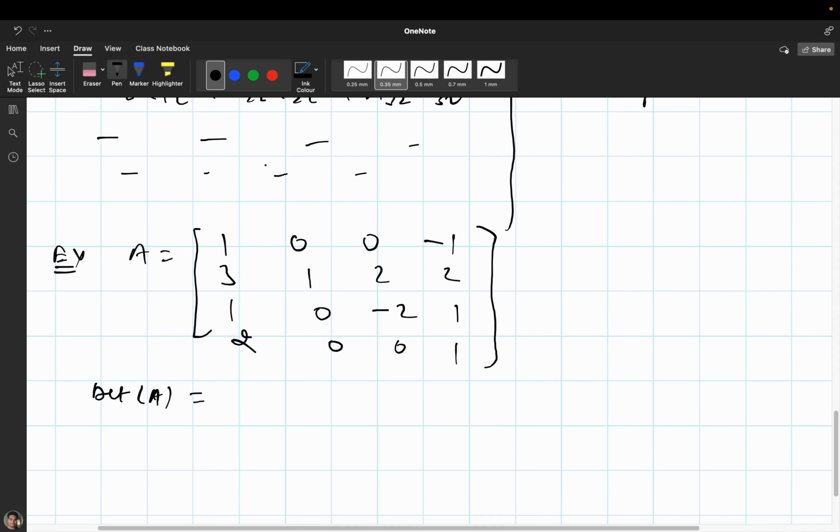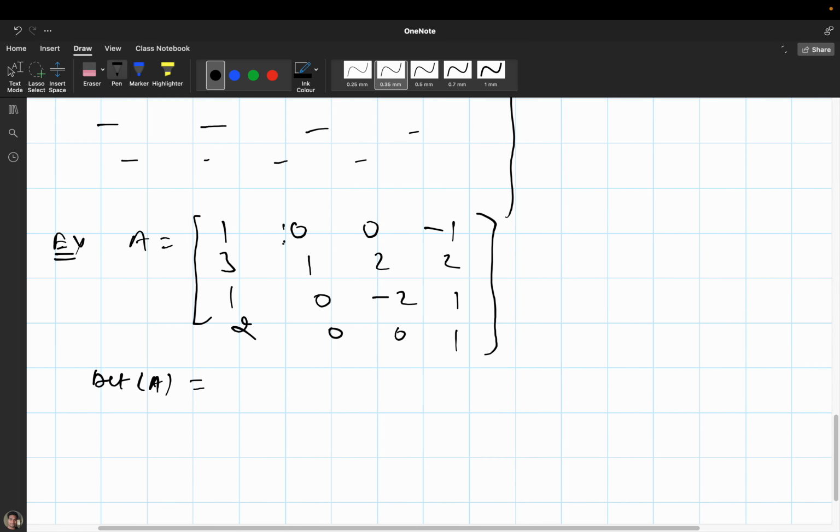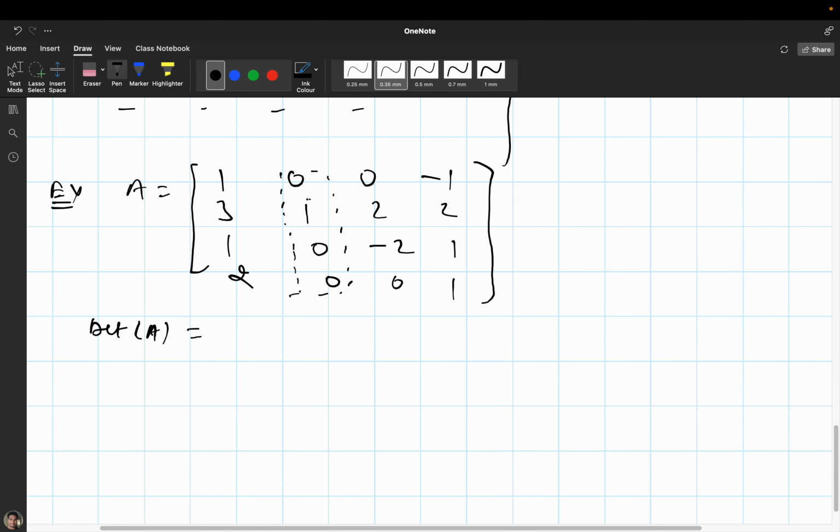So you can see that if we choose this whole column, are you able to see? Then we have to take only this, and this is nothing but A22 times C22. That's it. What is A22? 1. And what is C22?